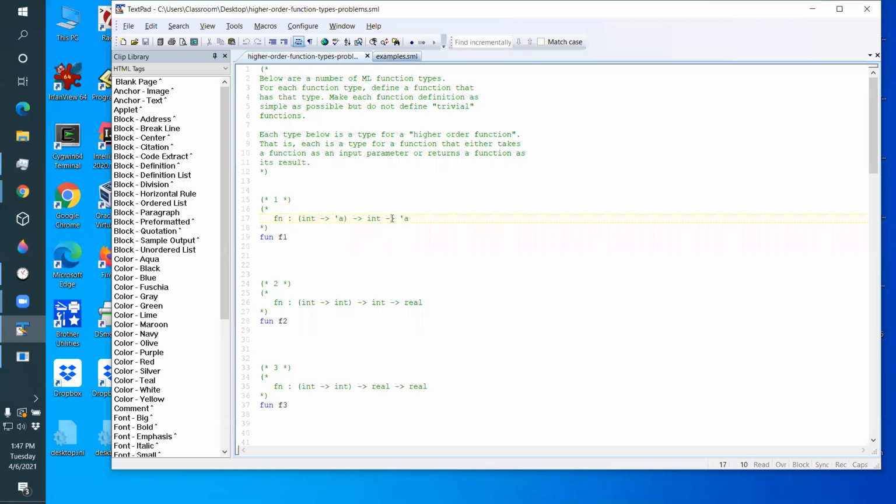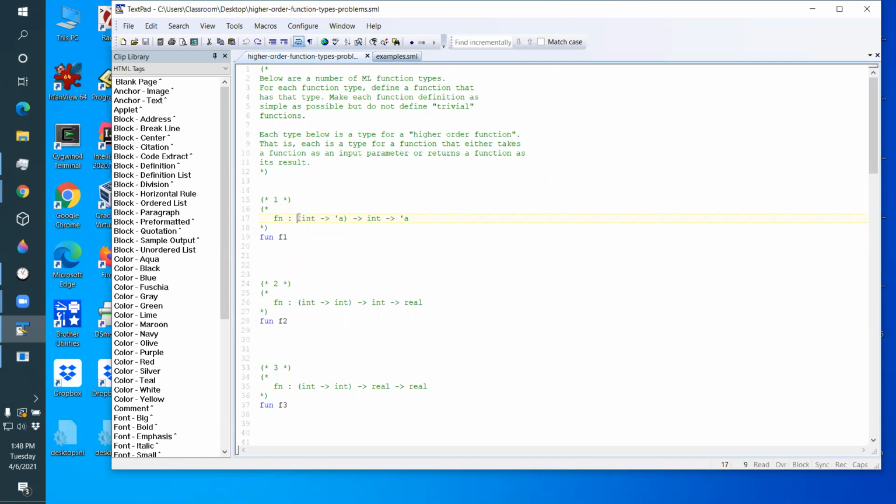If I got rid of that pair of parentheses, this would be a function of 1, 2, 3 inputs. There would be 1, 2, 3 arrows. But the way it was given, one of the arrows was in a group. So this is all of one input. It's grouped together, so there's only 2 arrows.